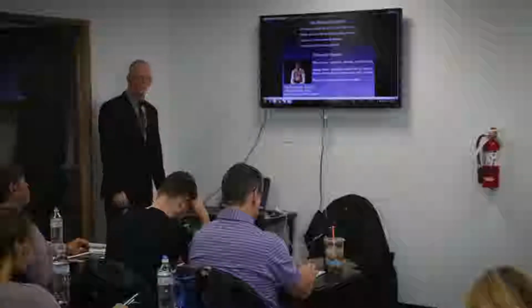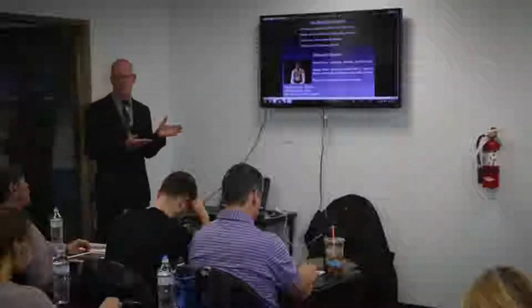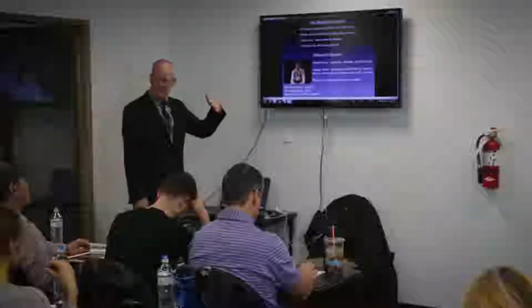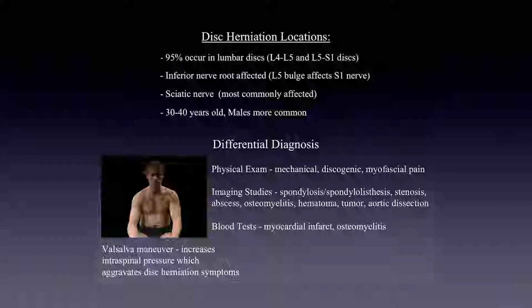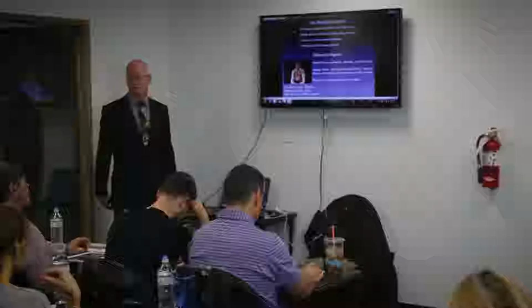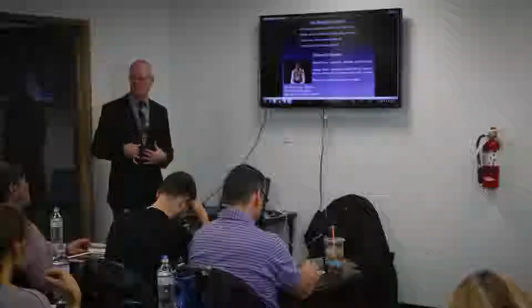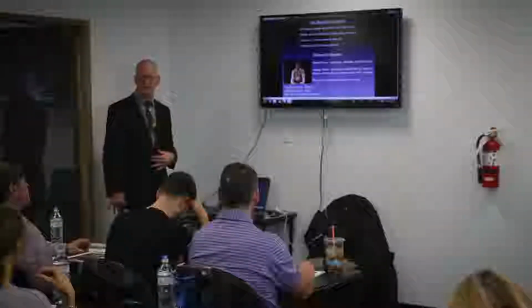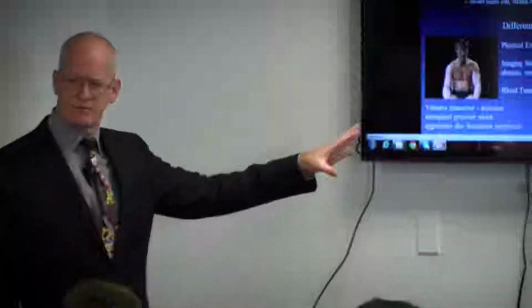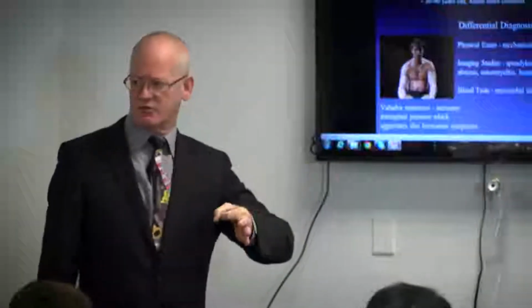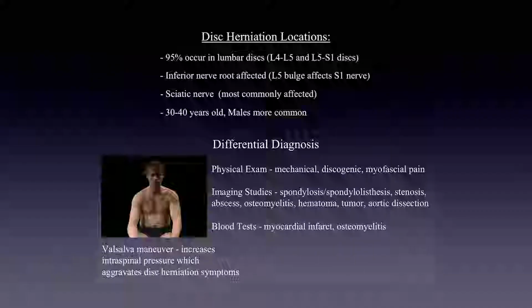Imaging studies, again, if we just take an x-ray, some of the things just to define this patient's low back pain, get an x-ray, see what's going on with them. So do we have spondylosis, spondylolisthesis? Stenosis is a big one that can really mimic disc herniation. So if somebody has something going down one leg and back pain, just an x-ray is a really good thing to rule out stenosis, whether it's central or foraminal.